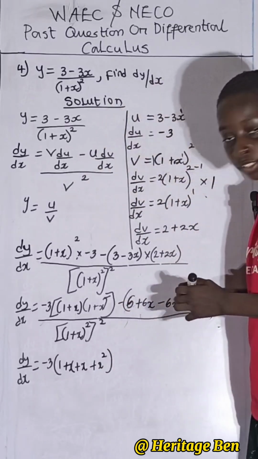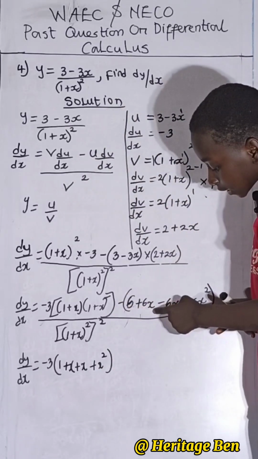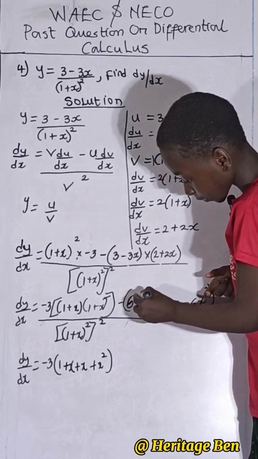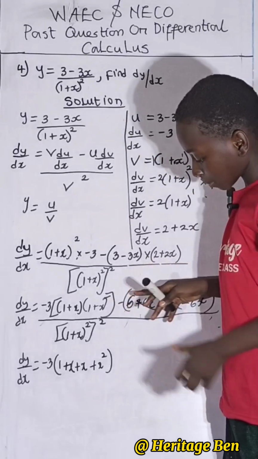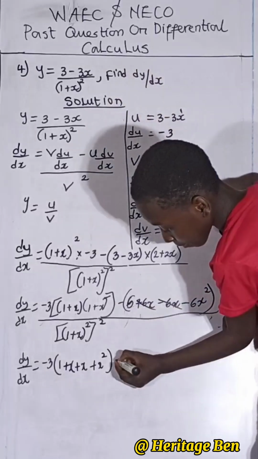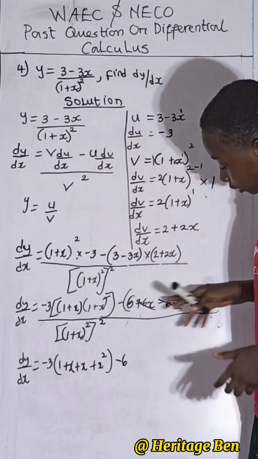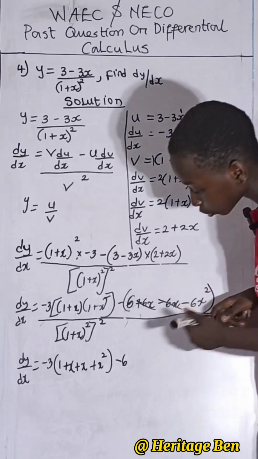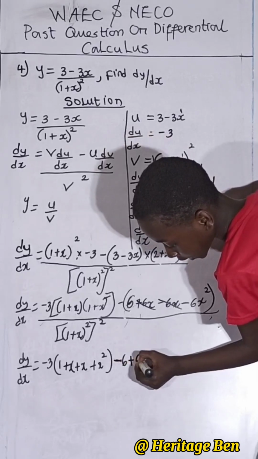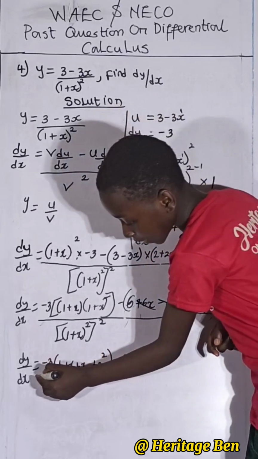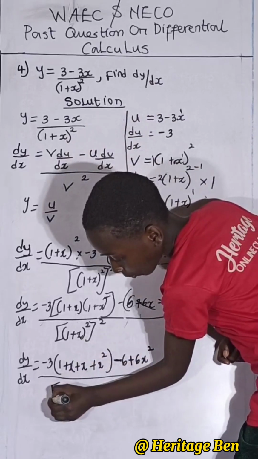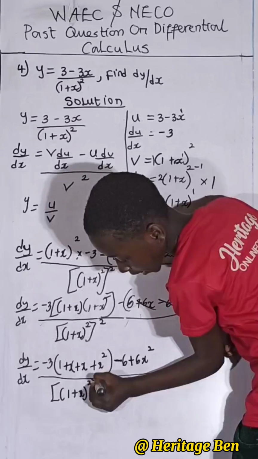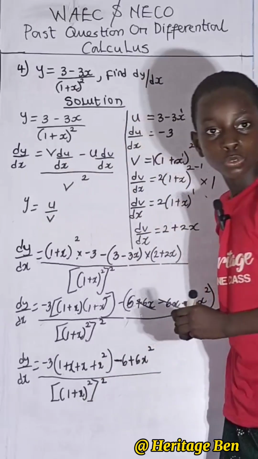Now let's use this minus to multiply through. Plus 6x minus 6x is 0. So minus times 6, minus 6, minus times minus 6x squared, minus times minus, so it gives us plus 6x squared, divided by ((1 plus x) squared) all squared.